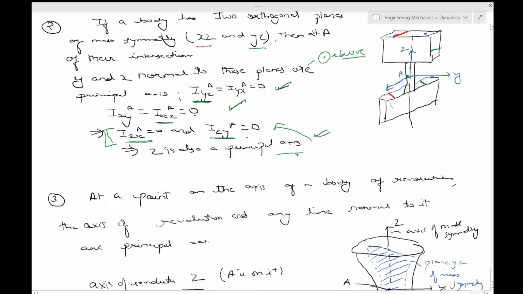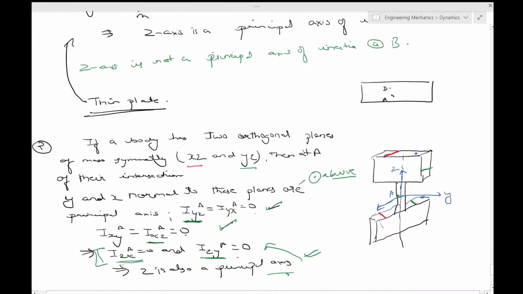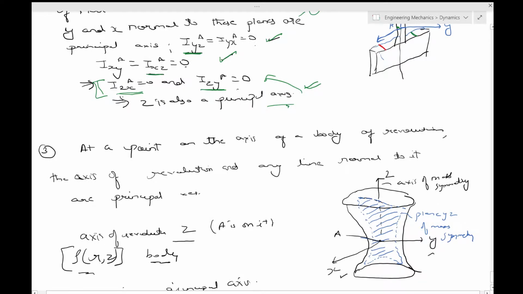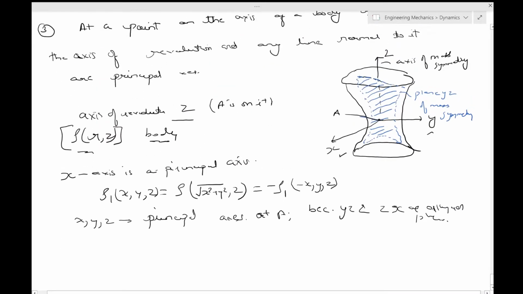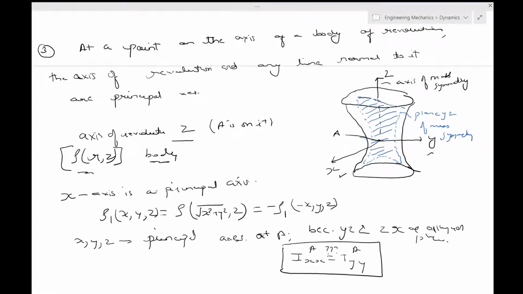The first one was along a particular direction, the second used it along a particular plane, and the third one is just utilizing the one along the plane to say that if z is a principal axis, then x and y will also be principal axes, and because of the symmetry of this problem, Ixx will be equal to Iyy about A. So this you can verify, check the formula of what Ixx and Iyy are, and you should be able to get an answer to this question. Okay, so do this check.